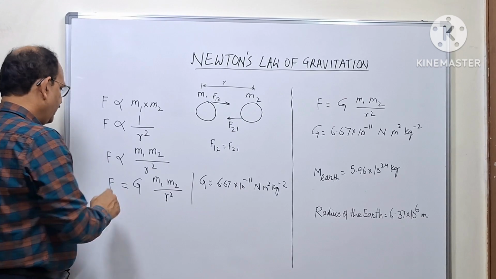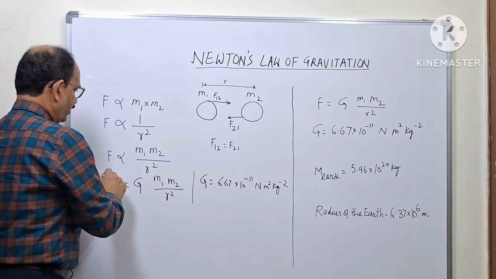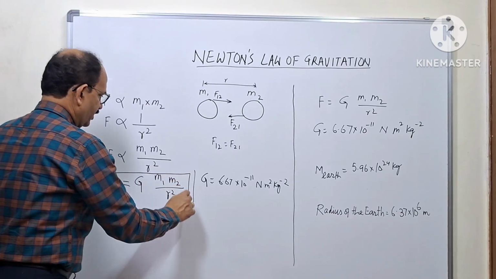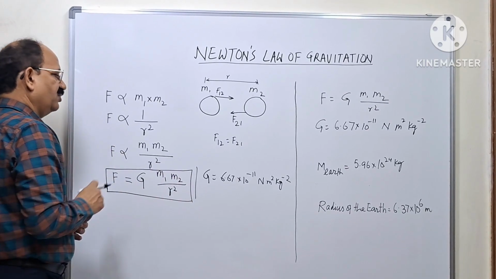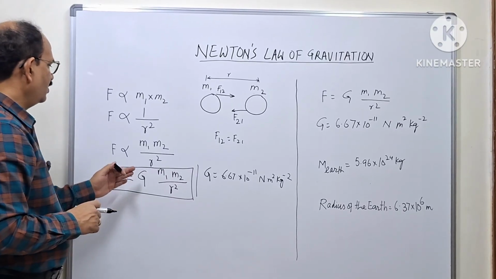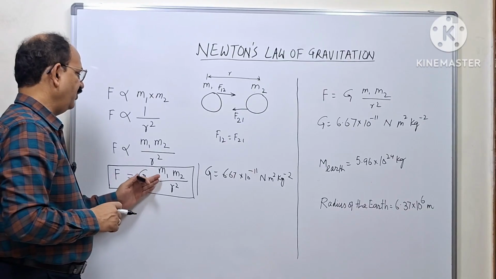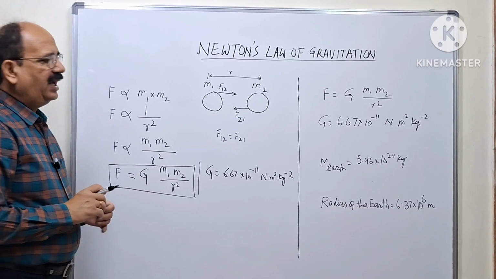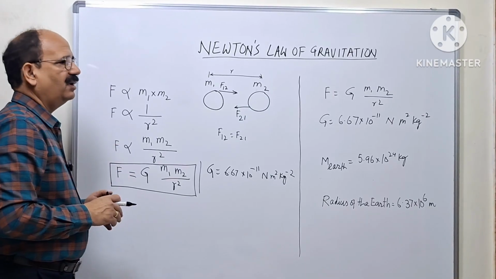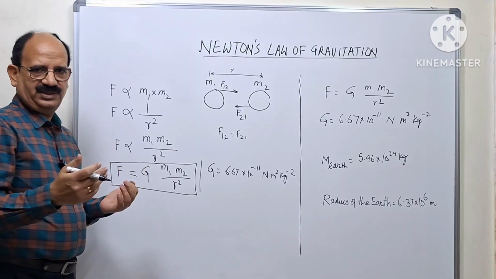So in mathematical form, Newton's law of gravitation says the force of attraction between two bodies is equal to G into m1 into m2 divided by r square. And this is applicable between any two objects.